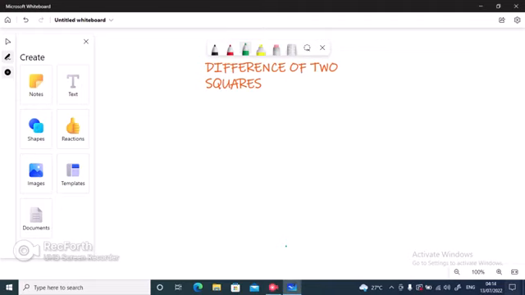So, looking at the difference of two squares. Let's consider this expression here.